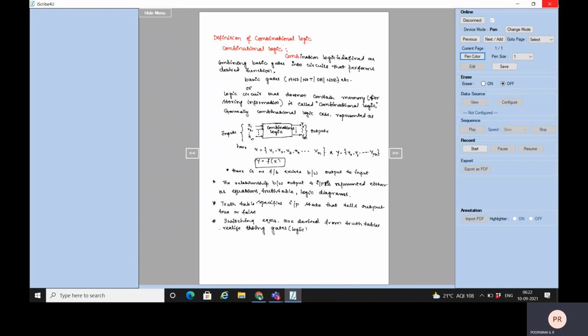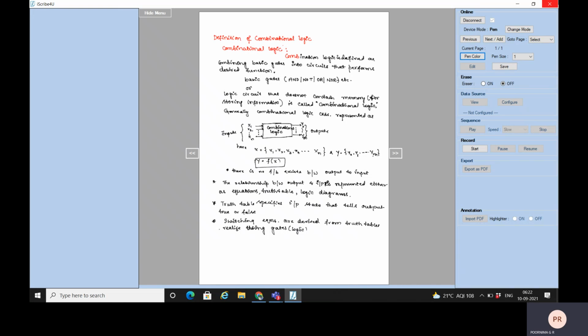So now let us see, after knowing the definition of a combinational logic, how we illustrate how truth tables are developed, simplified, and logic circuits are derived using different techniques.